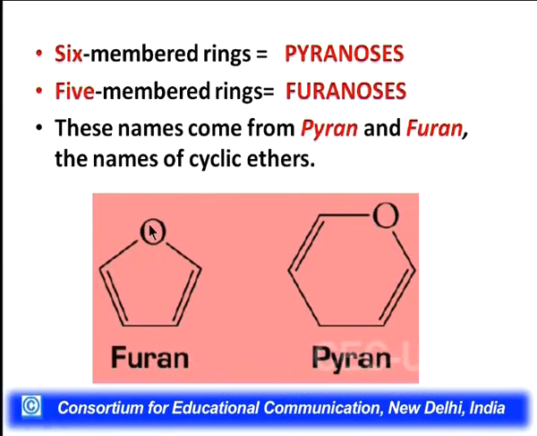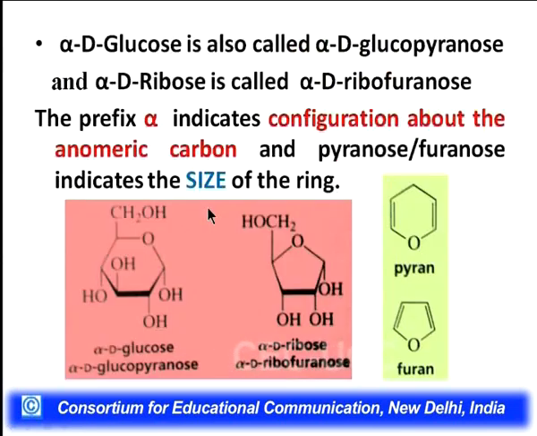And we remember that a furanose is a 5-membered ring from the first letters, that is furan. So alpha D glucose is also called alpha D glucopyranose, and ribose, which is a 5-membered ring, is called alpha D ribofuranose.